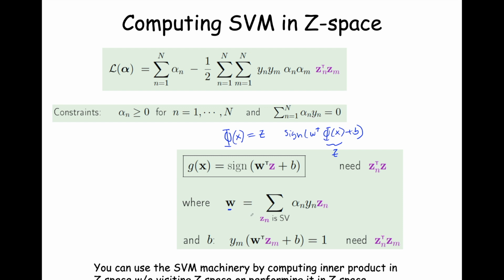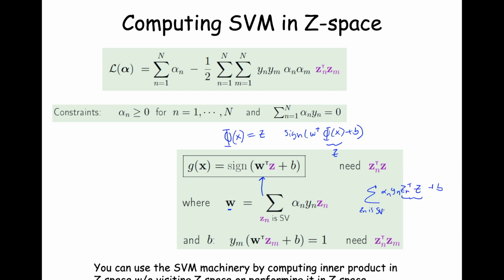And so if we take our expression for w and we substitute that in here for w, well, what do we have? Well, we have alpha n, y n, z n times z. So that would be the sum over all the support vectors, where zn is a support vector, of alpha n, y n, zn transpose, because that w is transpose, with z. Okay. Now, of course, this z is the parameter, and we take that, add b. So here we have zn transpose z.